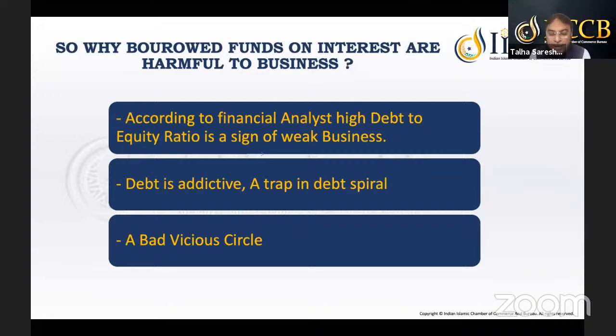You no longer own your business, rather you are owned by someone, because your entire life will go in servicing your debts. So you are not the owner of your business, rather you become owned by someone, either by banks or by financial institutions.